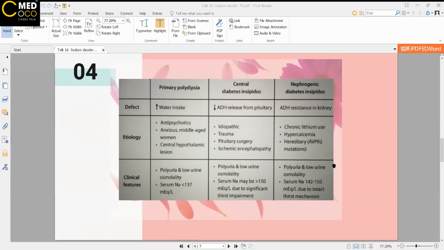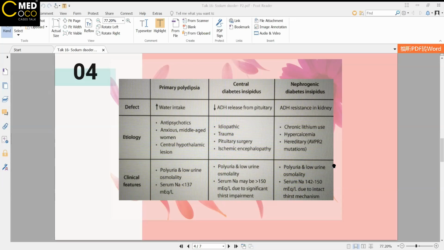If you tell them to stop drinking water for 24 hours, the urine osmolality will go up because now they don't have a lot of water to pee out. They're just going to keep the water for themselves, so the urine osmolality will go up.